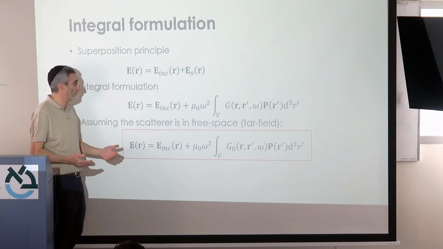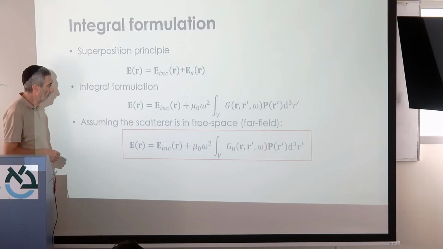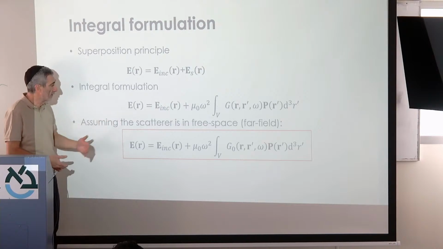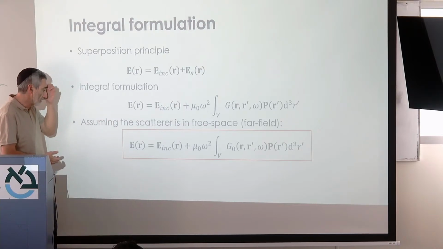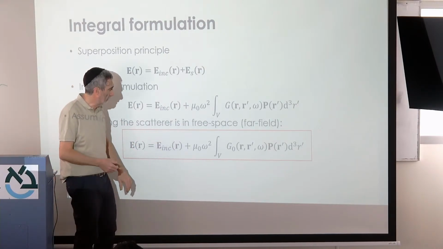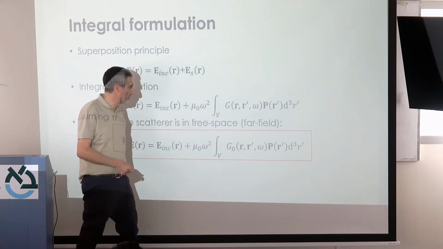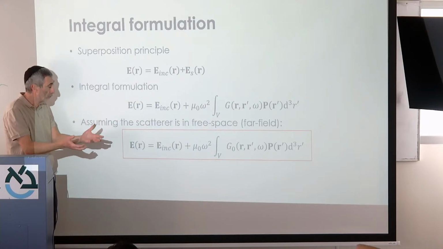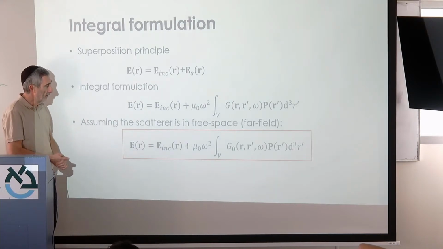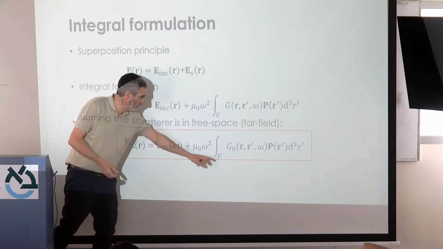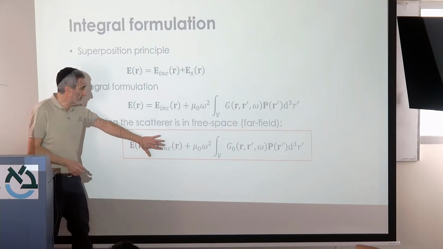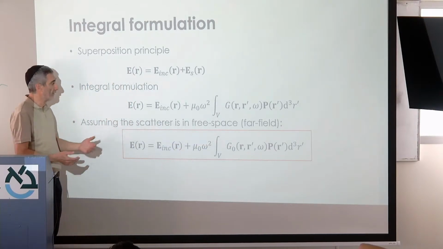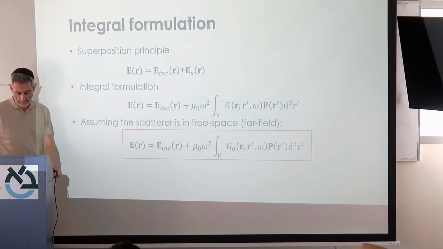That's the equation for the field at some distance from the scatterer, which is the sum of the incident field plus the contribution due to the radiation of the volume V of the scatterer. So incident field plus scattered field, which is the field emitted by the scatterer.